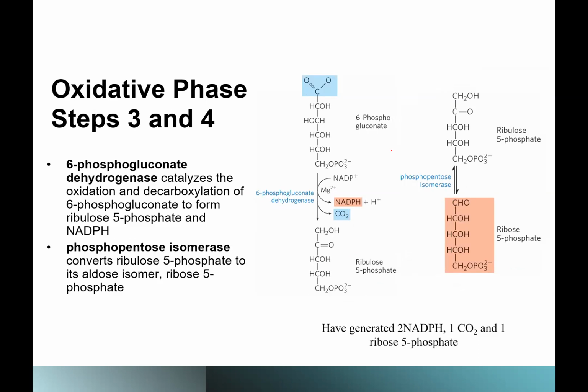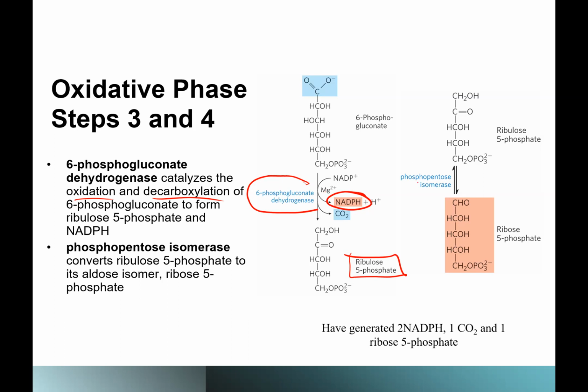Then we have two more enzyme catalyzed reactions, the third and fourth oxidative steps. And this is where we get a bit of more interesting things happening in terms of what we want to get out of this reaction. We get oxidation and decarboxylation of our 6-phosphogluconate product to form ribulose 5-phosphate and, importantly, NADPH.